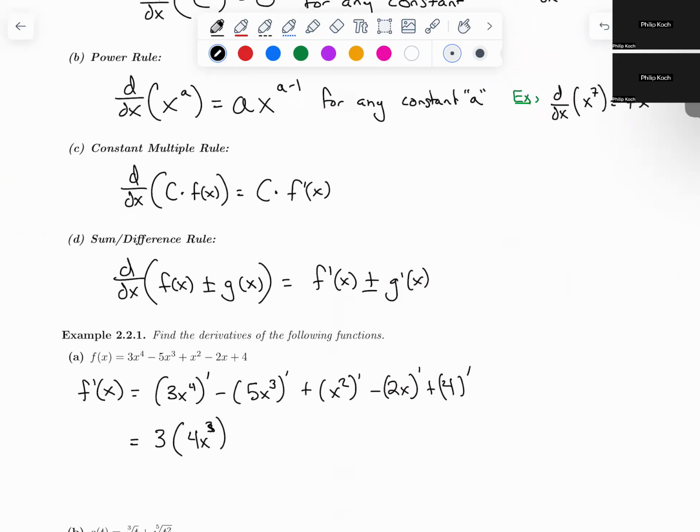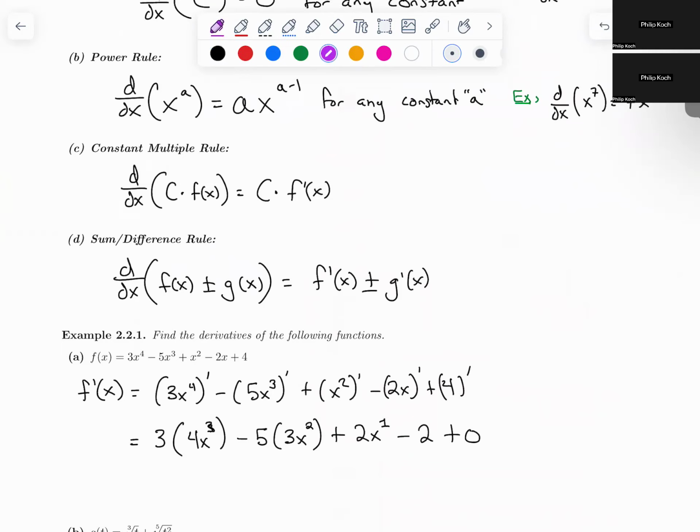Minus 5 times 3x squared. Plus 2x to the first power. What's the derivative of 2x? I'm going to tell you it's 2. And then plus 0 for the derivative of 4.